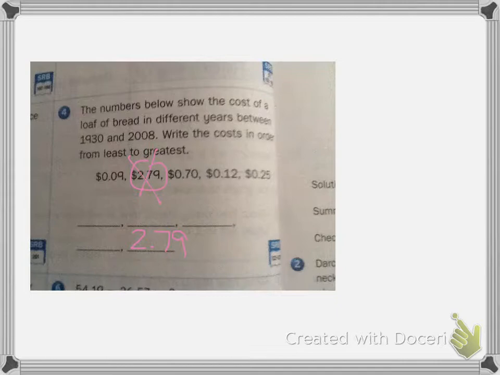We have 0, 7, 1, and 2. So since this is a 0, this would be our smallest. So now we have 7, 1, and 2. So next would be our 1. And then we have 7 and 2, so obviously 2. And then 0.70.